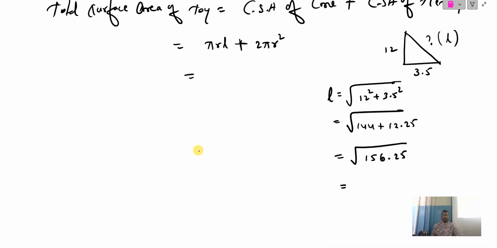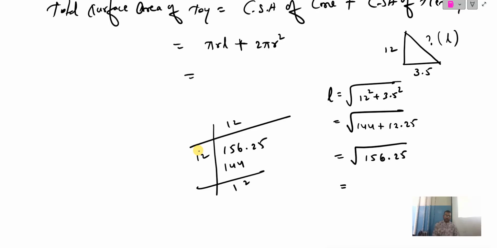Understood? Now we got the value of l, that is the slant height. You can do this kind of working in the working column. Now pi r is common. Pi r is common, l plus 2r.